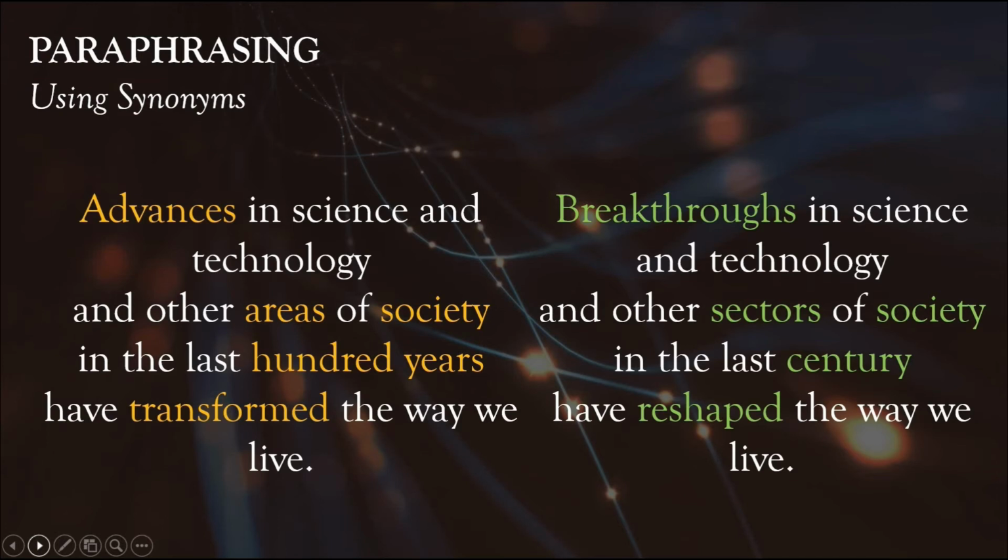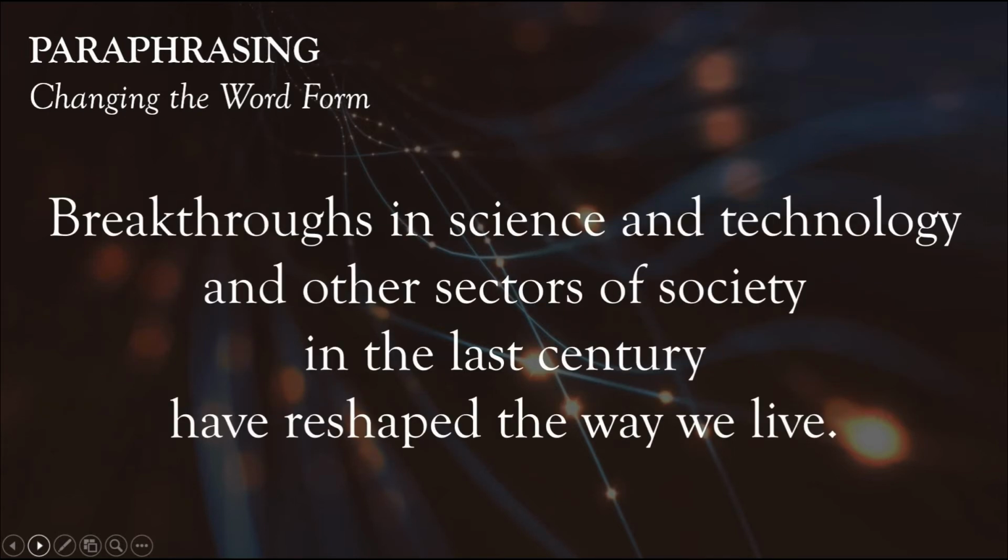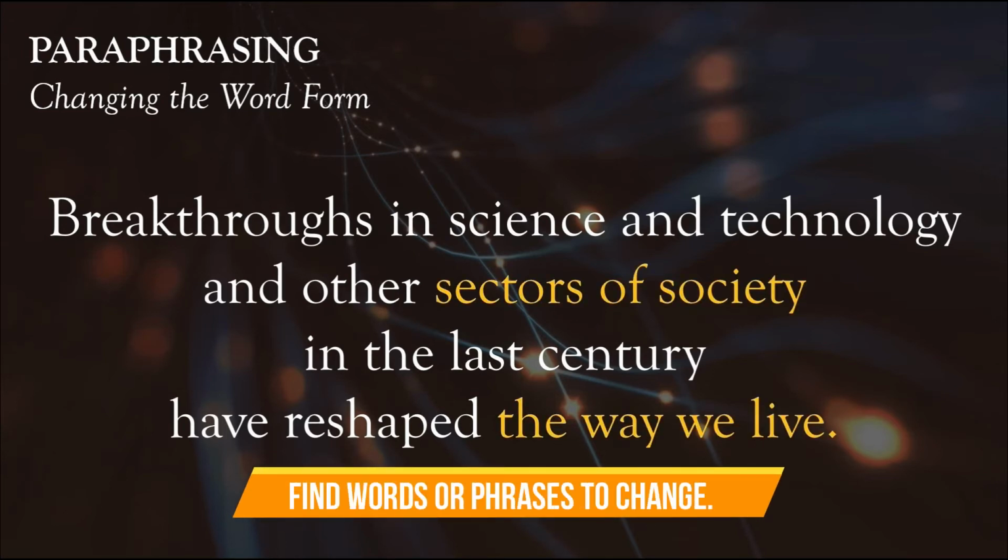Breakthroughs in science and technology and other sectors of society in the last century have reshaped the way we live. Then we go to the word form change. Breakthroughs in science and technology and other sectors of society in the last century have reshaped the way we live. So we are going to highlight "sectors of society" and "the way we live."